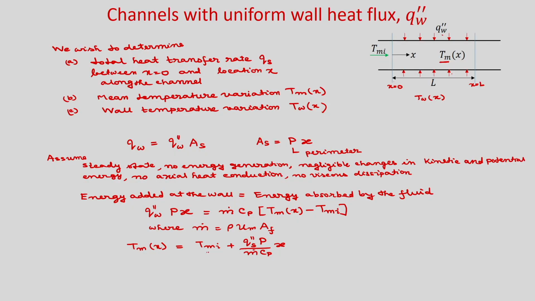So, you can see that this is the expression for the bulk mean temperature variation along x, where Tmi is the mean temperature at the inlet, q double prime w is your constant heat flux, P is the perimeter, which is also constant for a constant cross sectional channel, m dot is the mass flow rate, and Cp is the specific heat, and with x obviously it will vary.